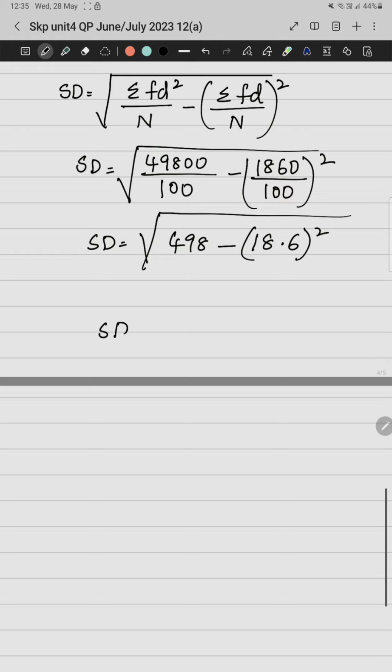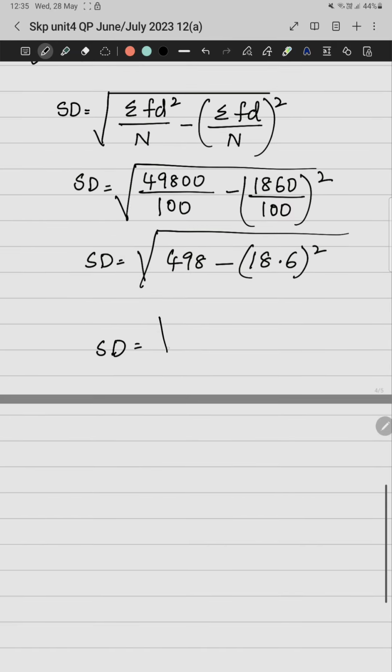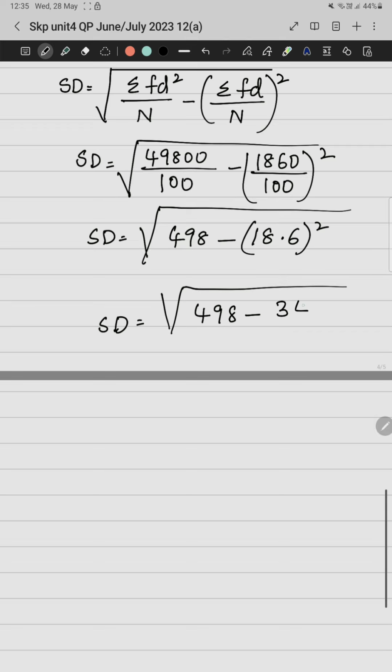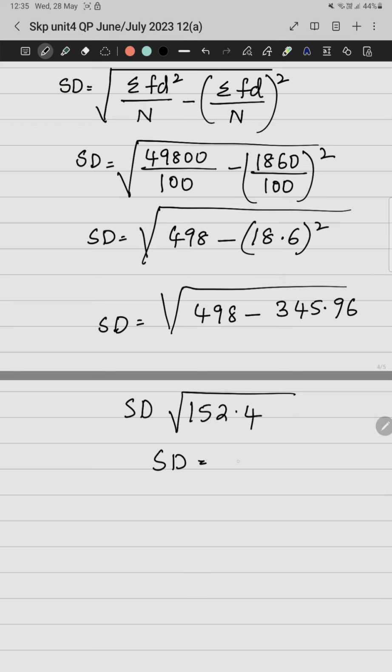So standard deviation is equal to under root 498 minus 18.6 into 18.6, which is 345.96. Then standard deviation is equal to under root 152.4. So standard deviation is equal to 12.3.